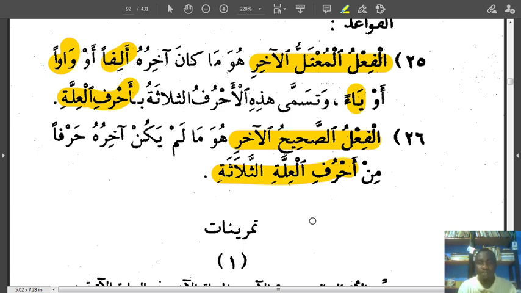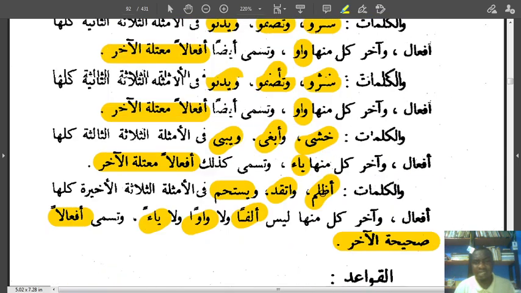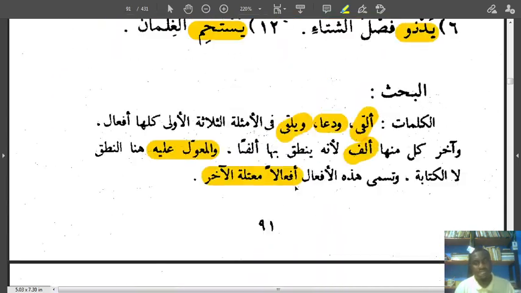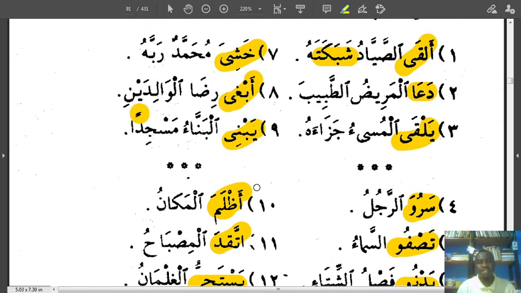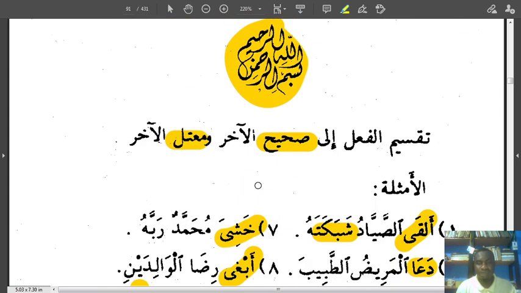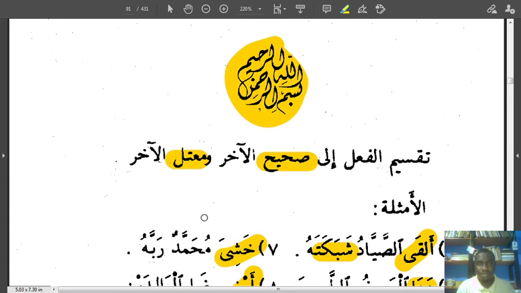When we say al-fi'l as-sahih al-akhir, a verb, a strong ending verb, we mean the one that does not have alif, waw or ya at its end. This is basically the lesson. All the long talk is just to make sure we capture everything so that whoever is with us will be able to flow with the system and understand everything completely.